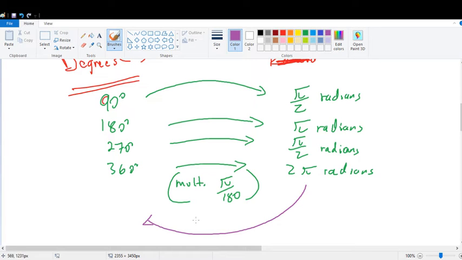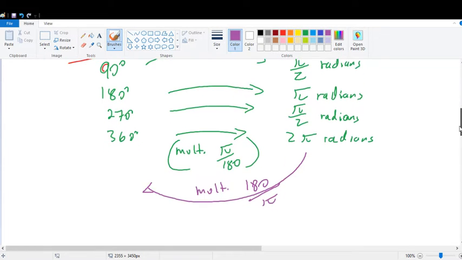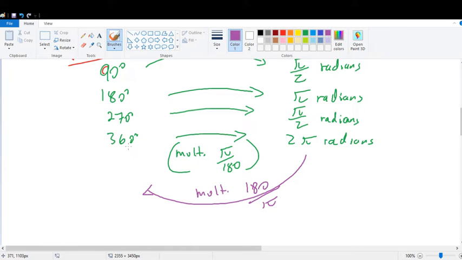Well, you multiply times 180 over pi. So you can convert from 360 to 2 pi radians simply by multiplying by pi over 180, or you can go from 2 pi radians to 360 by multiplying by 180 over pi. And that's basically the fastest way you can do that.